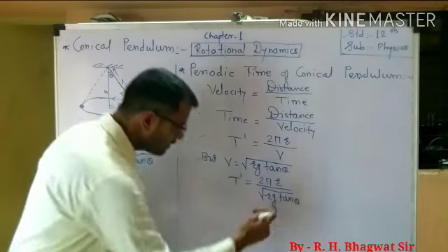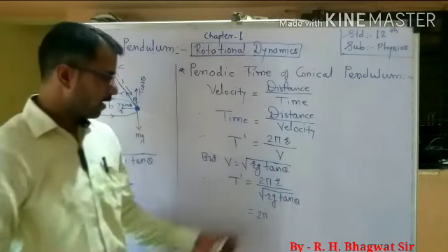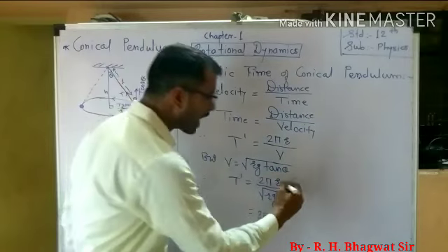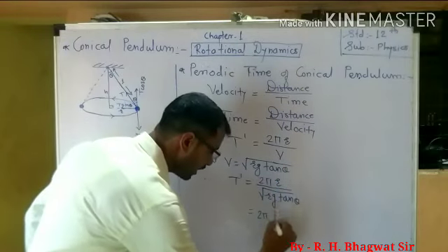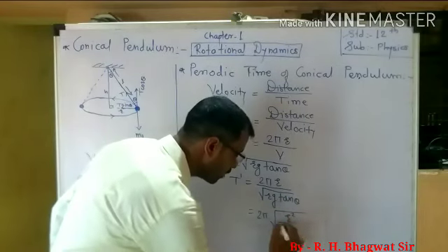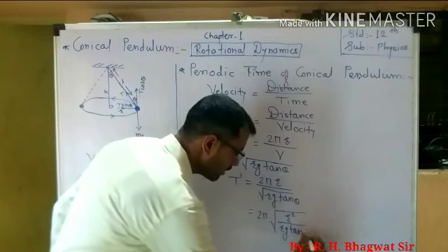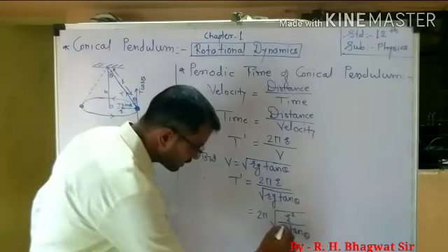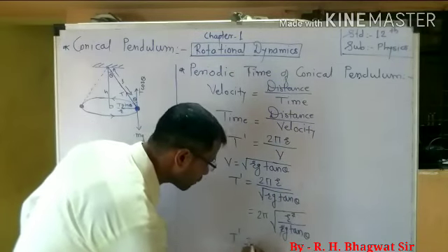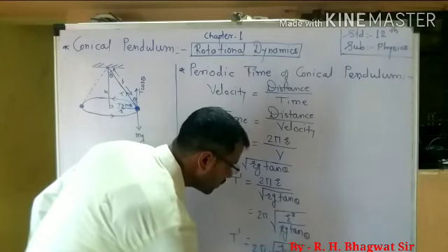This equation can be written as 2 pi, and writing r under root as under root r square, we get under root r square divided by rg tan theta. Now, this r gets cancelled with this r. Therefore, T prime is equal to 2 pi under root r upon g tan theta.